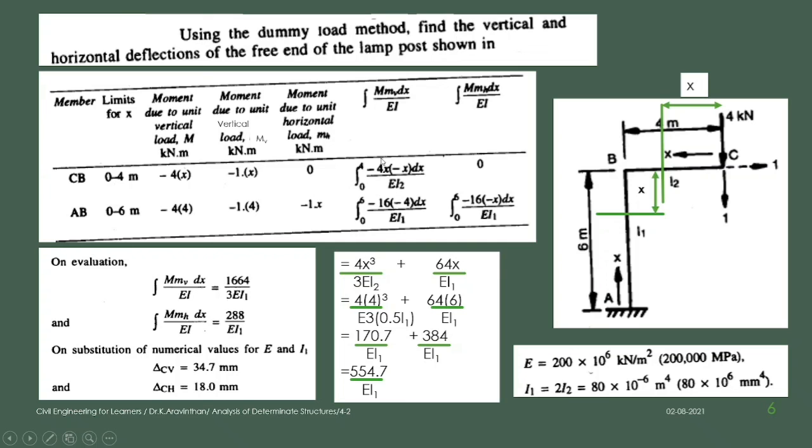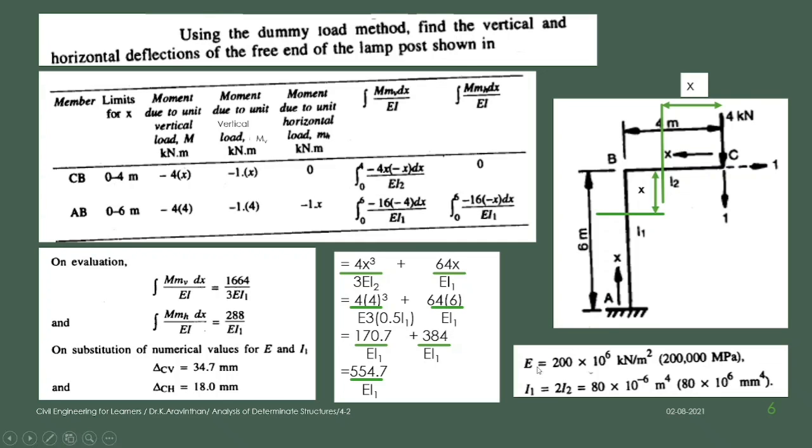So 4x cube divided by 3 will be one component, and if you integrate 16 into 4, it will be 64, and integrating the 64 you will be getting a component of x divided by E into I1.